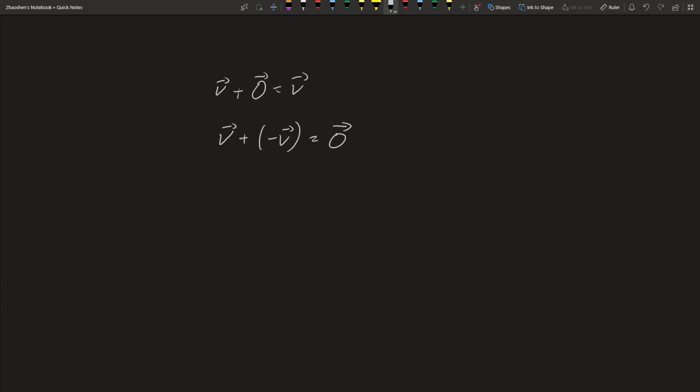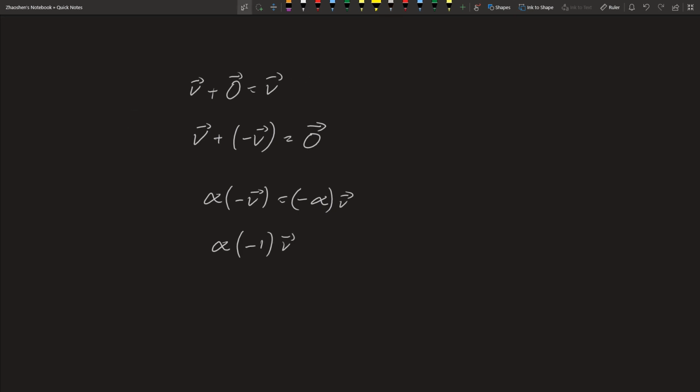Next property, we have alpha times negative v, or the opposite vector of v, will be equal to negative alpha all multiplied by v. Now this is very intuitive because, well, alpha times negative v is just alpha times negative 1 times v, right?